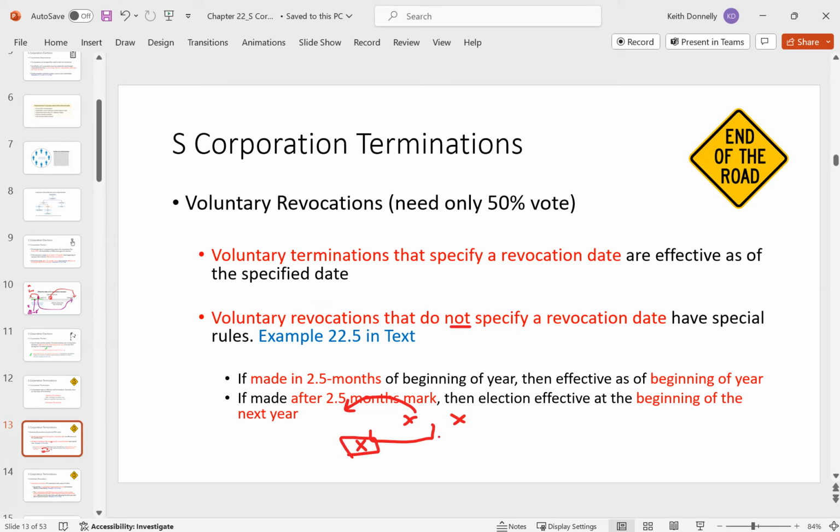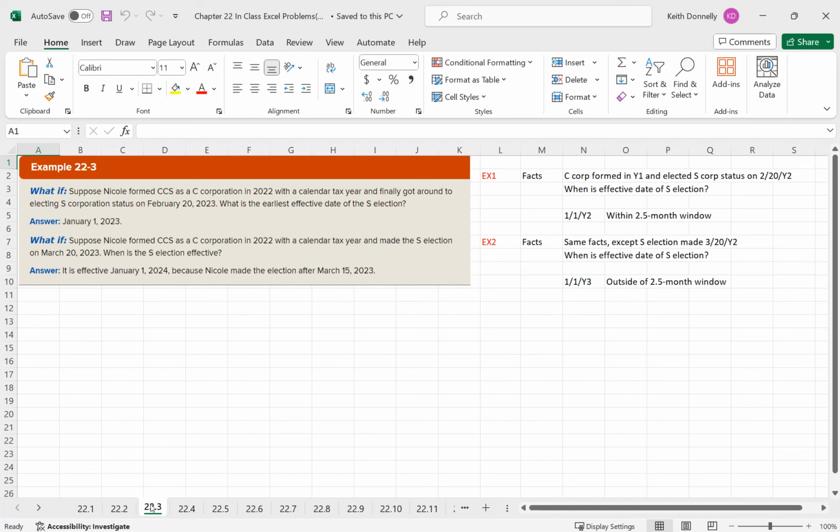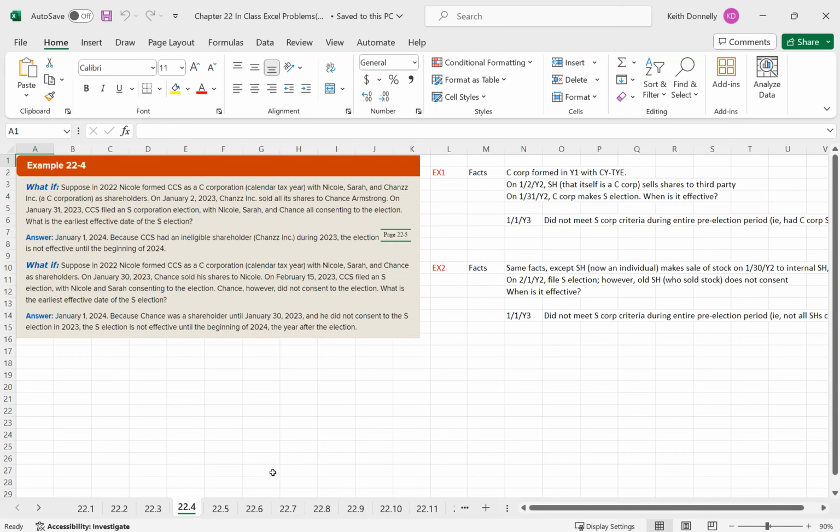If you make it afterwards and you don't specify the revocation date, then they're going to punch you into the beginning of the next year. In other words, as of the end of year one, your S Corp status will be terminated. Okay, so let's just look at 22.5 here. This is with regard to formation. When's it effective? 22.3.